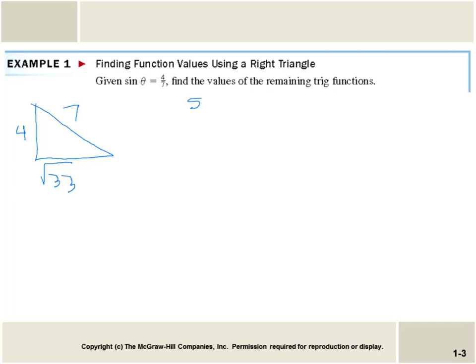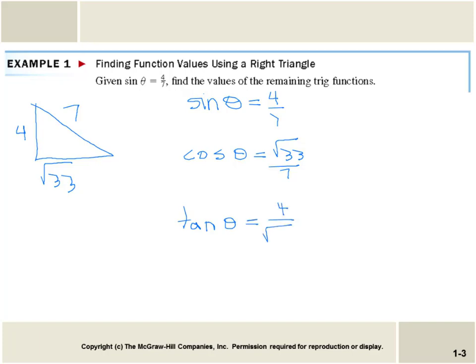So we have the sine of theta we're given is 4/7. The cosine of theta is equal to the square root of 33 over 7. The tangent of theta is equal to 4 over the square root of 33.